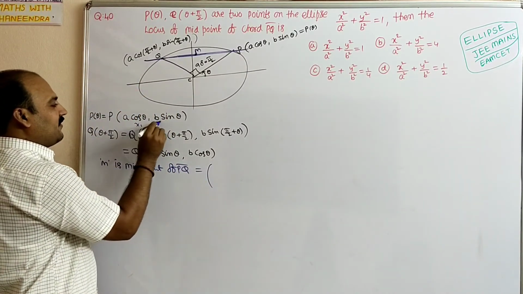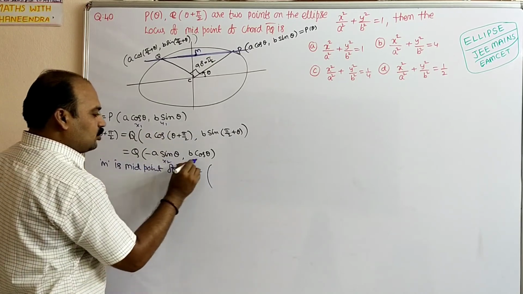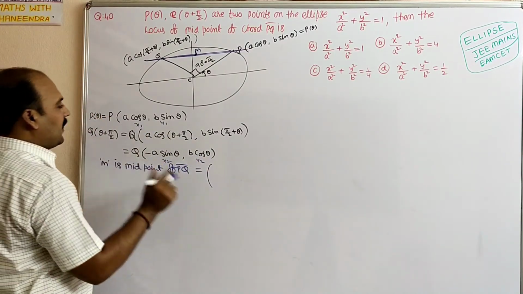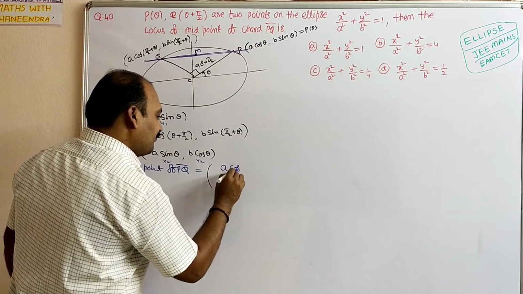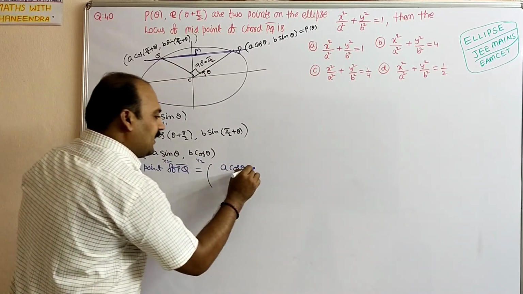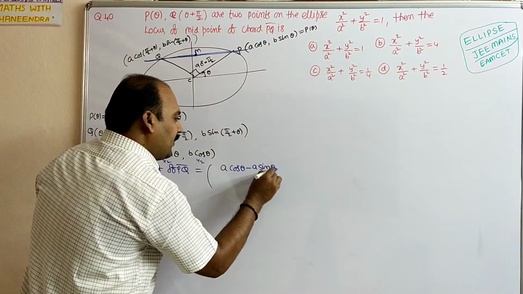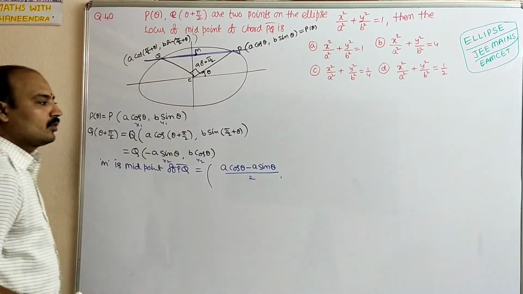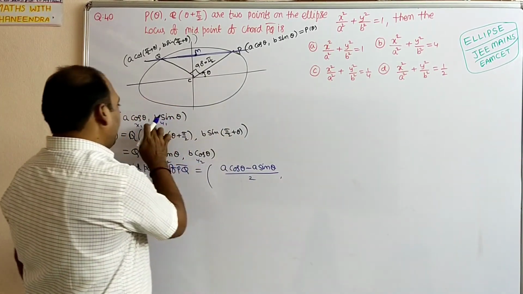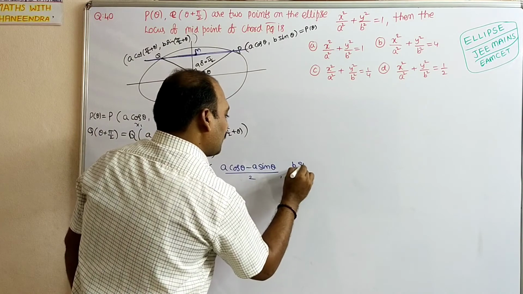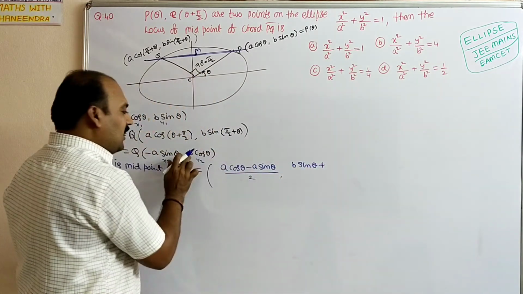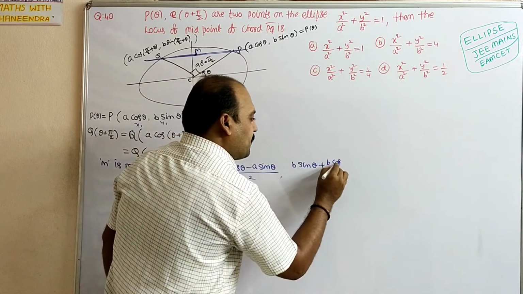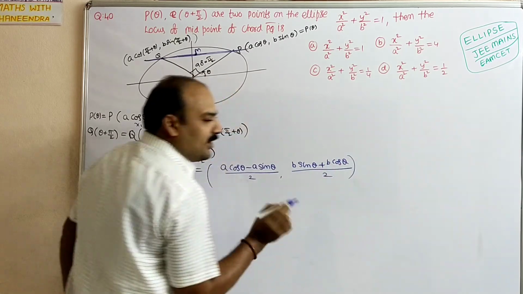So x1 plus x2 by 2: a cos theta minus a sin theta divided by 2, and b sin theta plus b cos theta divided by 2. Midpoint concept.